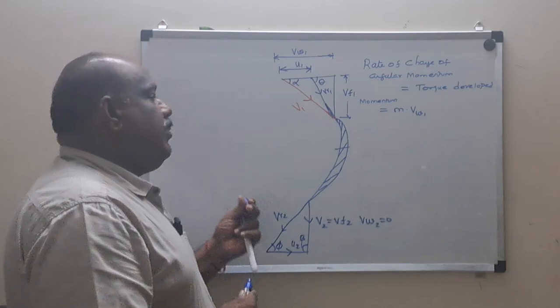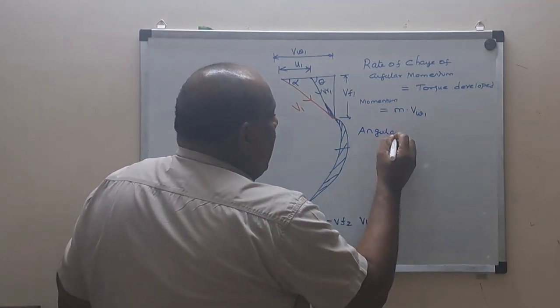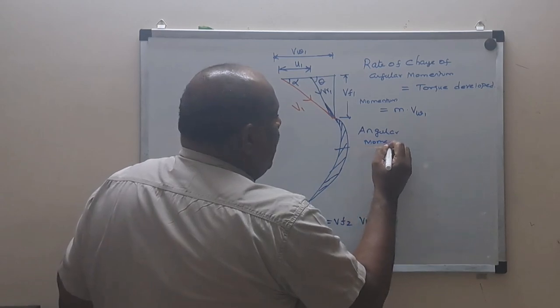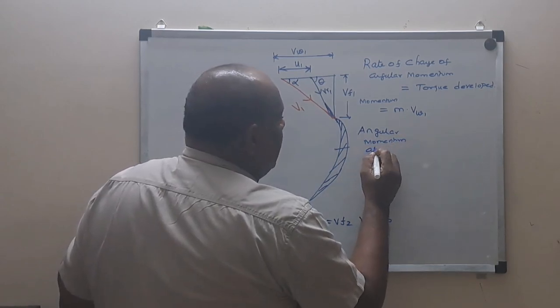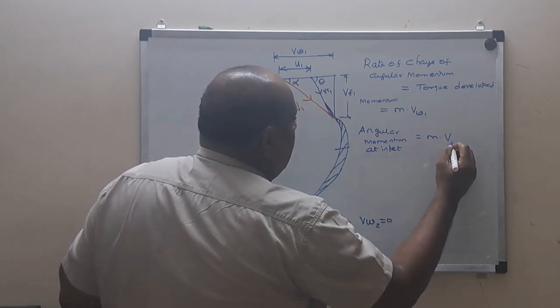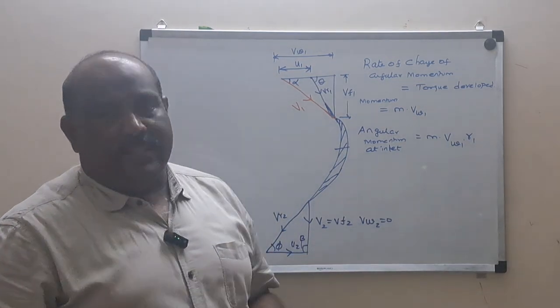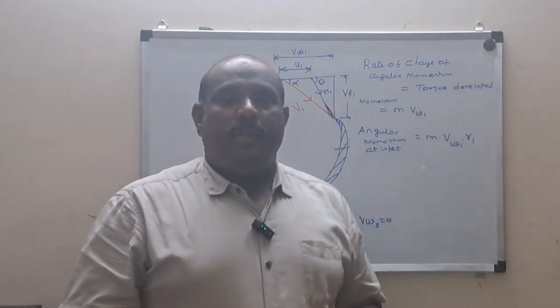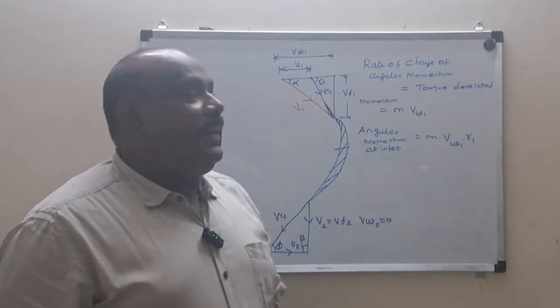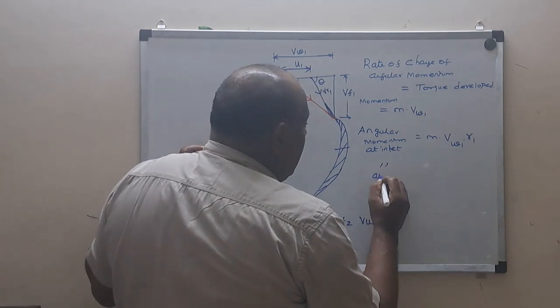But I want angular momentum. So how to get angular momentum from linear momentum? The angular momentum at inlet will be given by m into Vw1 into R1. So multiply the linear momentum by the radius, and you will get the angular momentum. This is the angular momentum at inlet. What is the angular momentum at outlet?